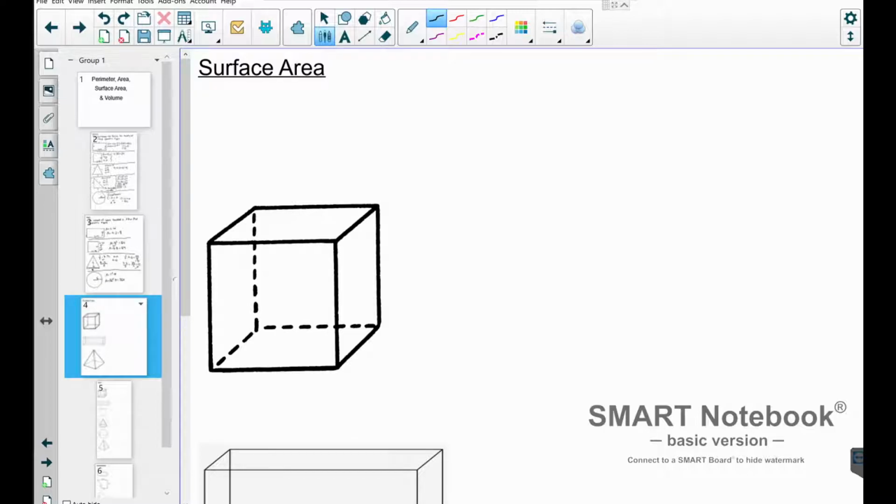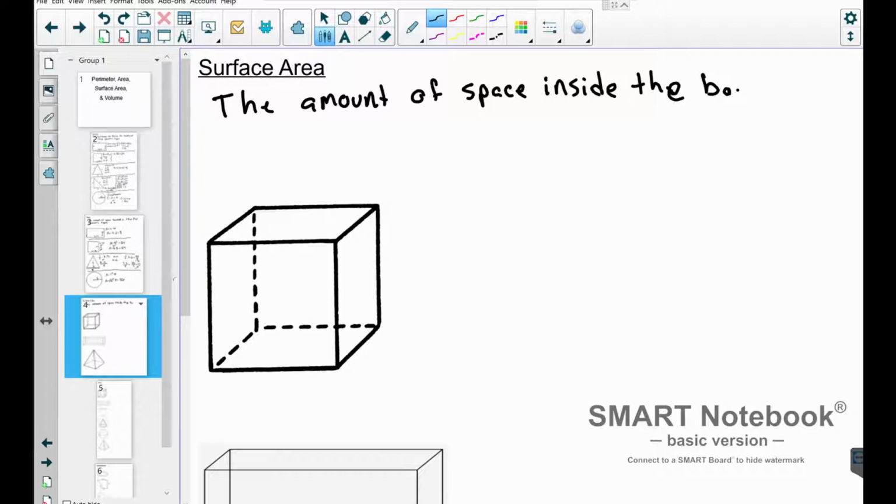So let's look into surface area. Surface area is a little bit different. You work with 3-dimensional figures when you're solving for surface area. Let's write out a definition. This is the amount of space inside the boundary of surface of a 3D figure.